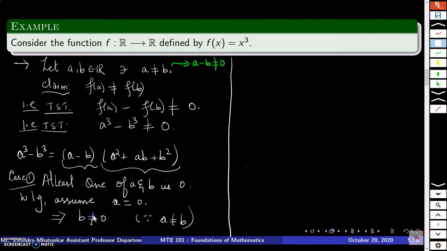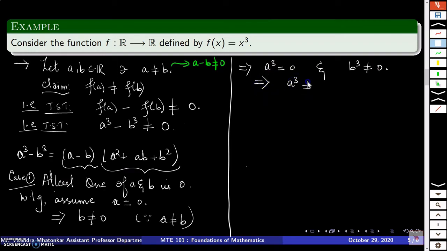So b is non-zero in this case. Since a is 0, a cube is equal to 0. And since b is not equal to 0, b cube will not be equal to 0. That means a cube is 0 and b cube is not equal to 0, so they are not equal to each other.